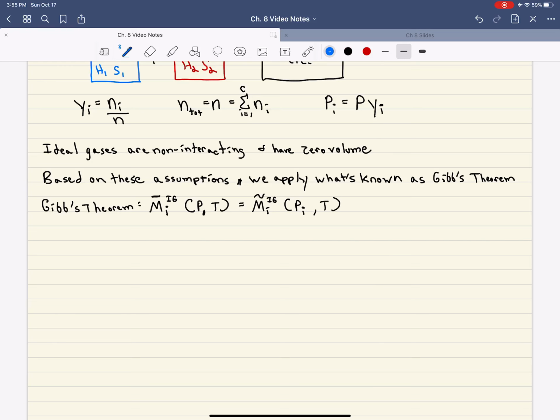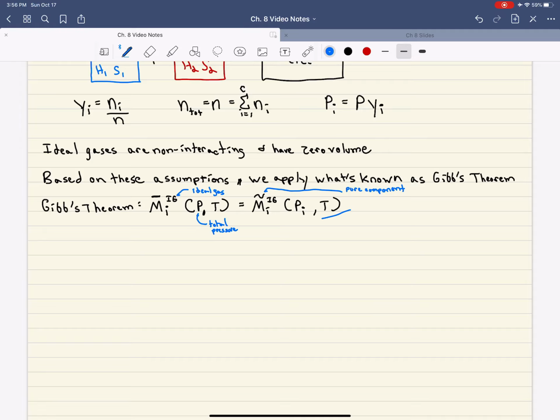Just to clarify some stuff, this Ig means ideal gas. This P here is the total pressure of the mixture. This thing right here, as you know, is just referring to the pure component molar property value.